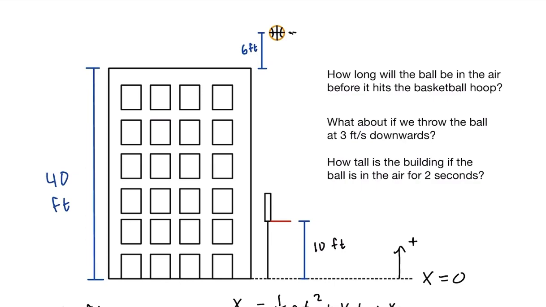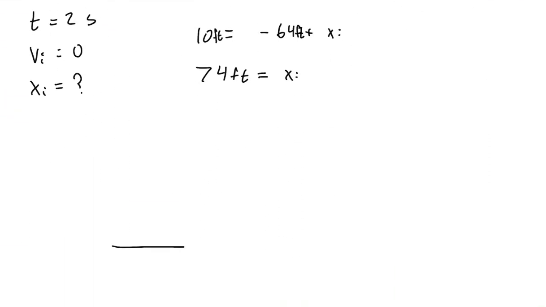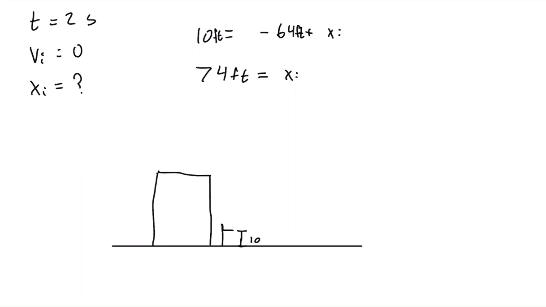But remember, we're throwing the ball from 6 feet above the top of the building. So let's draw a little diagram down here. Here's our ground. This isn't going to be perfect. Here's our building. Sorry about the not straight lines. And here is our basketball hoop. Very rough sketch here. Okay, so this is 10 feet. And the place where the ball was thrown was up here at 74 feet.